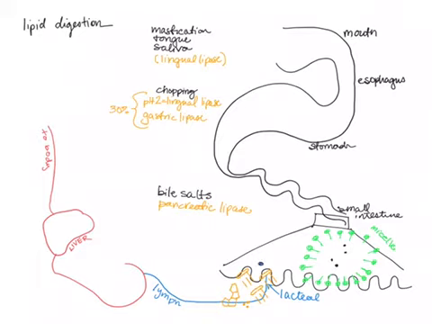So the cells that are lining the small intestine, those are simple columnar epithelial cells. Those simple columnar cells will pick up all of these products from the micelle, leaving, of course, the bile salts behind. And inside this simple columnar cell, we're going to re-surround our dietary lipids in a new package of phospholipids.